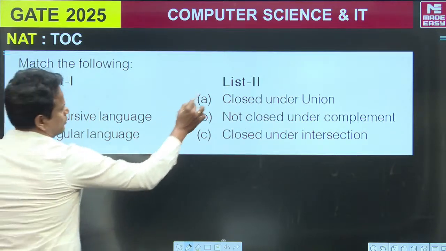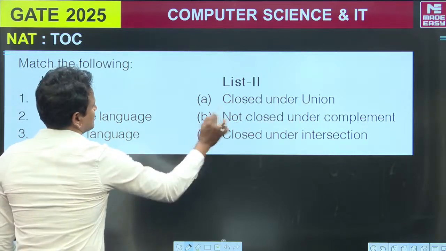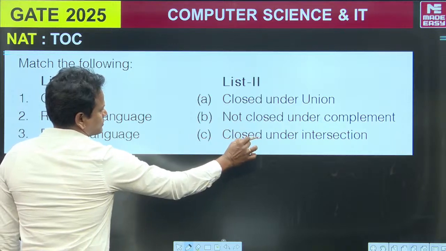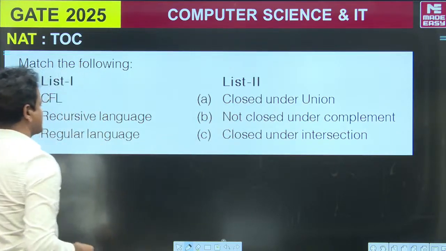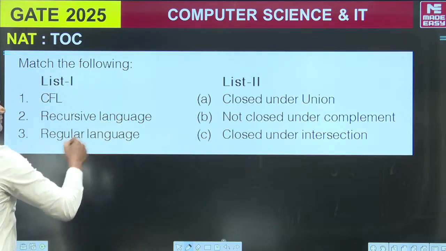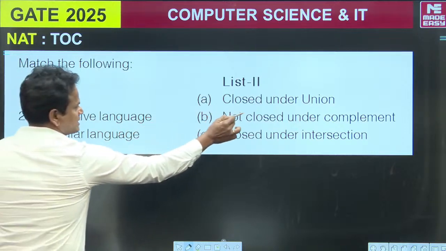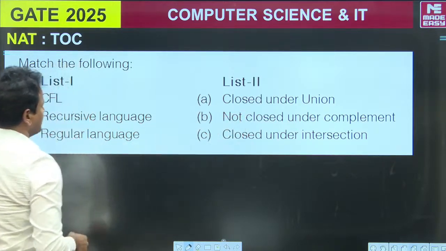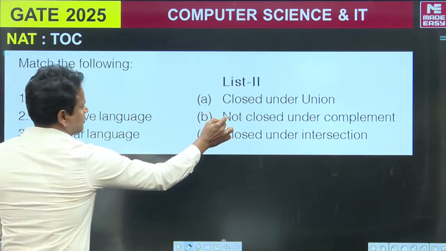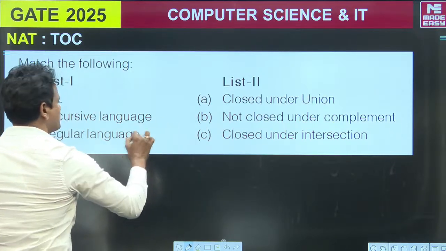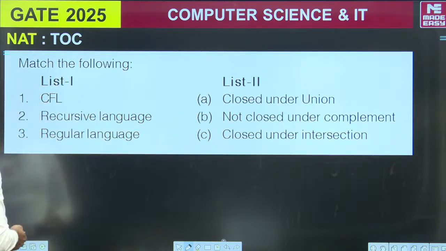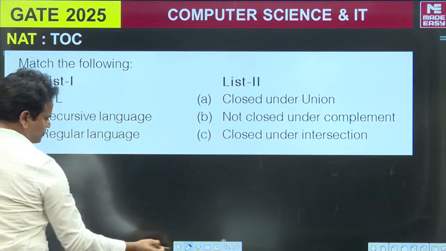CFL is closed under union, not closed under complement, and closed under intersection. All these are correct. And recursive language is closed under complement, regular language is closed under complement. So we cannot match this 2 and 3 with B. So here the best one, I will do this.